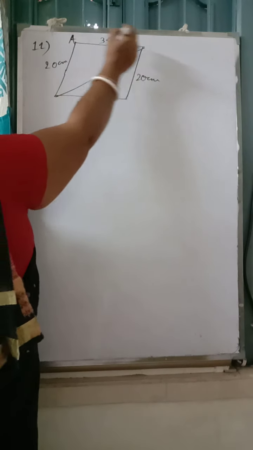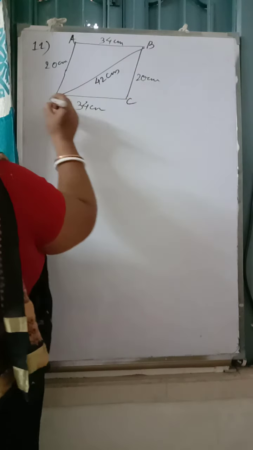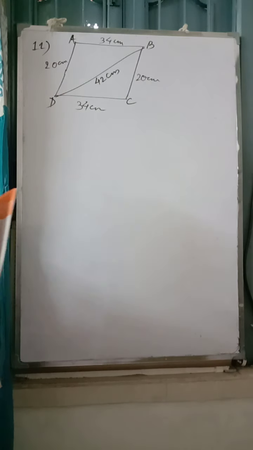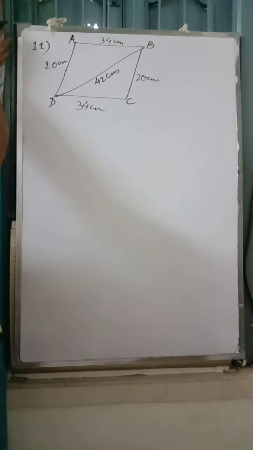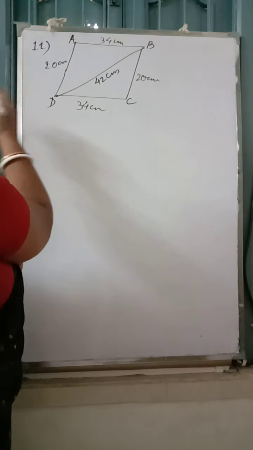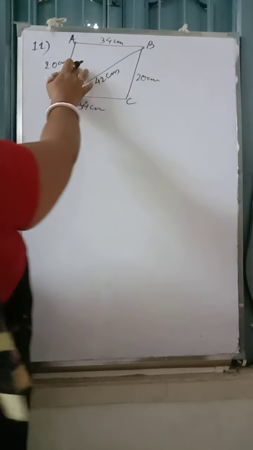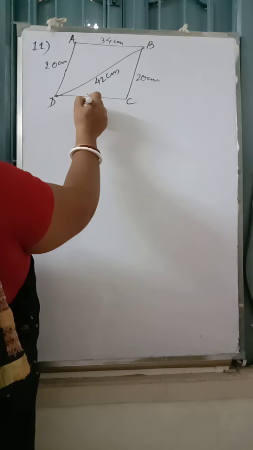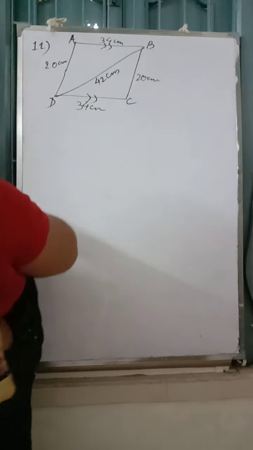Now how to get the area? You can see ABCD is a parallelogram, and this BD divides the parallelogram into two equal halves, or two triangles.